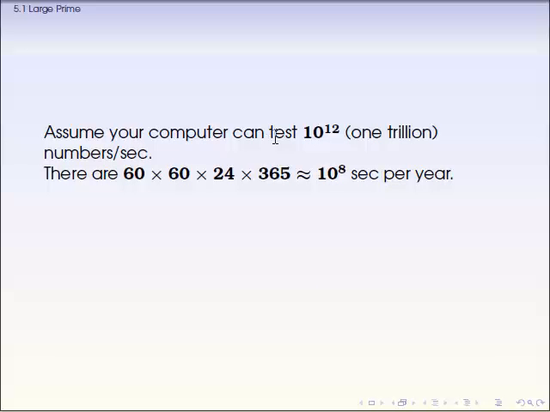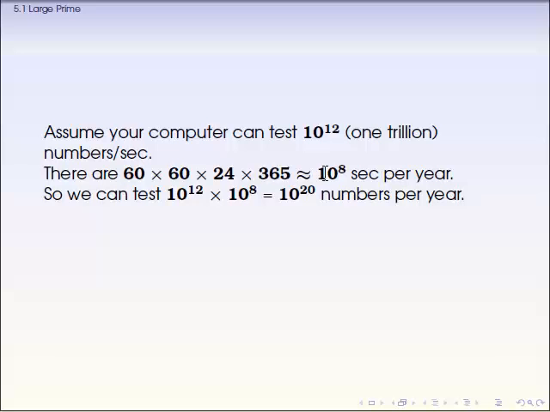If my computer could calculate that much, and all these supercomputers could do only this much, then every year we have 10 to the 8 seconds altogether. So this computer could calculate 10 to the 20 numbers per year.